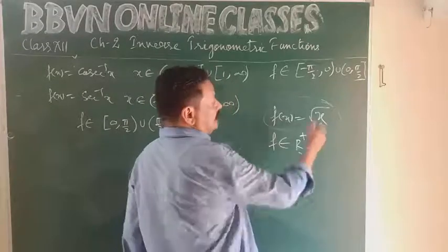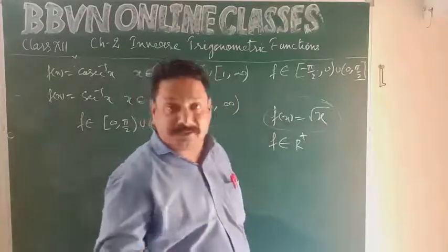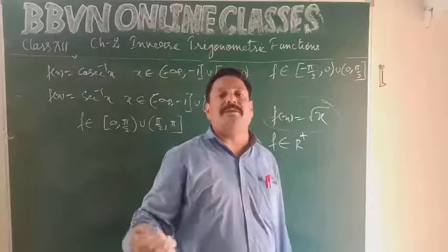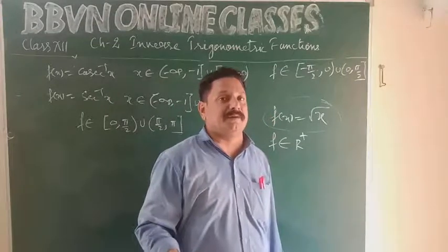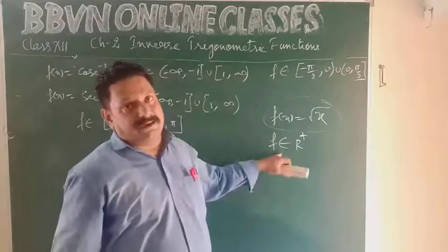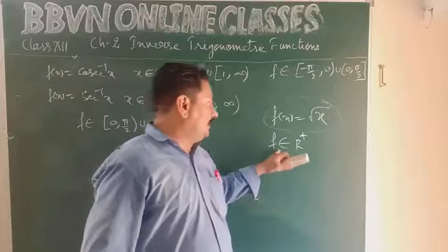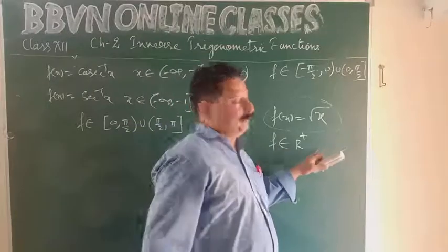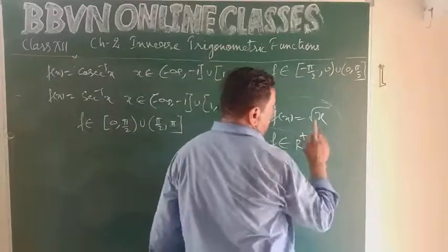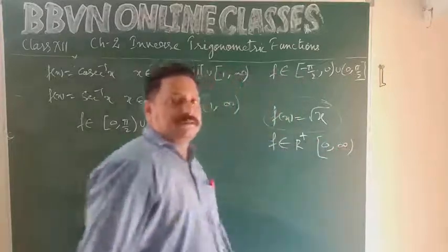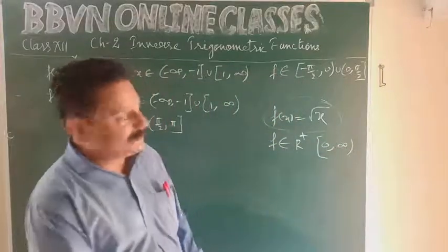Because suppose I take x equal to 9, square root of 9 is plus or minus 3. So for one element in the domain you are getting two images, it will be a relation. Okay? Therefore we have to apply the constraint to the range. So f belongs to R plus. So the range of the square root function is always a subset of 0 to infinity. Understood, children?